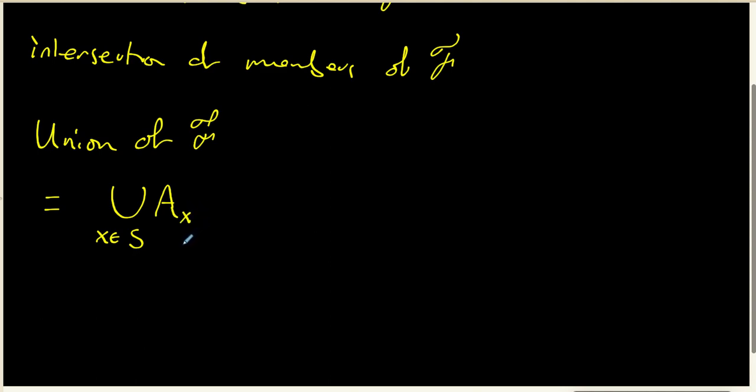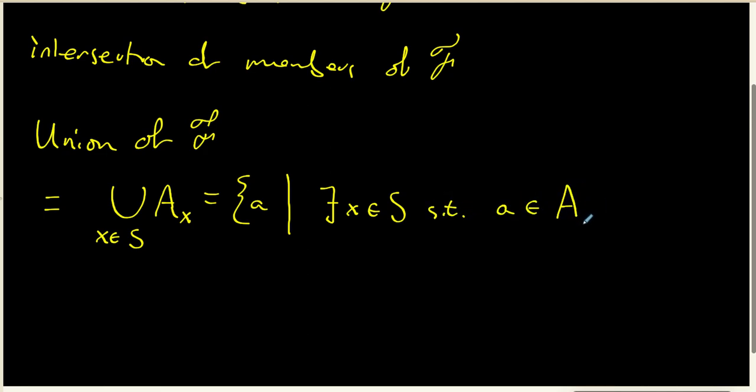So we would be writing this as the union of the A sub x's where x runs through all of S. Now what would this set be? Well, it would be the set of a's such that there exists an x inside my indexing set S such that little a belongs to set capital A sub x.